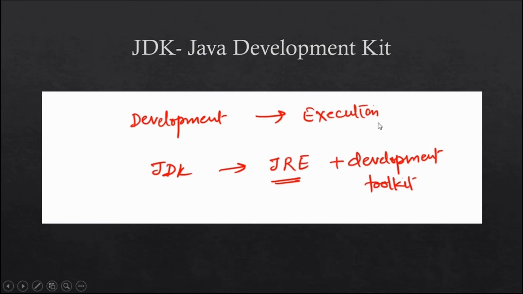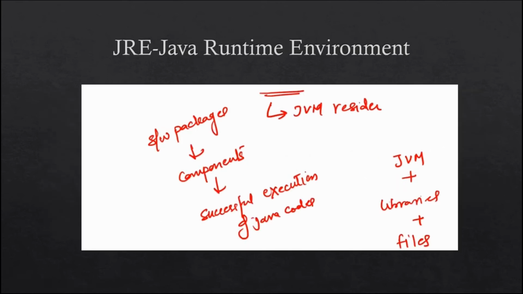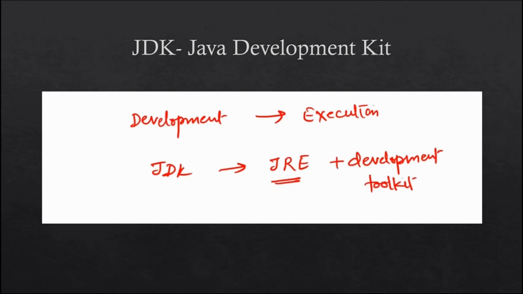So JDK equals JRE plus the development toolkit, because JRE is only responsible for the execution part. It provides the software packages and components along with the JVM. But if you add the development part as well, then it is called the Java Development Kit, and that's where the whole process from the development to the execution phase takes place.